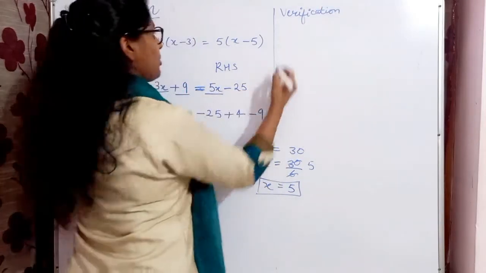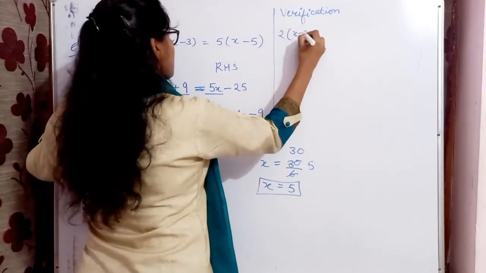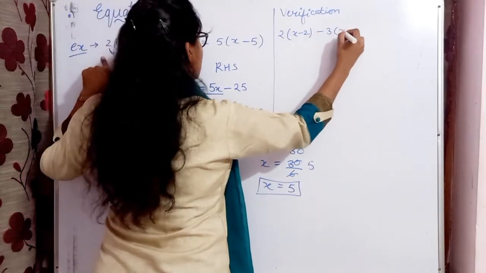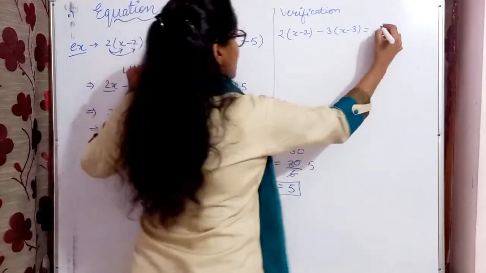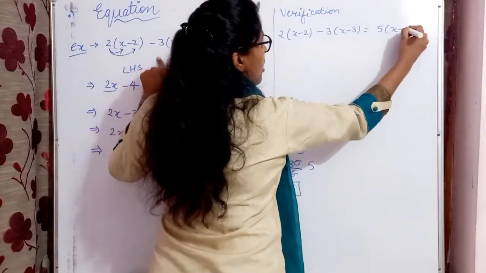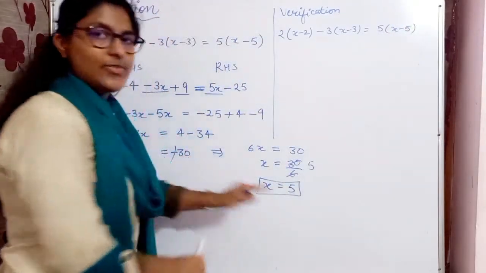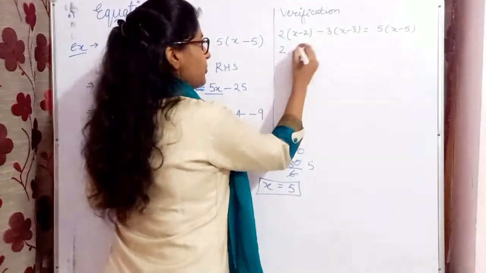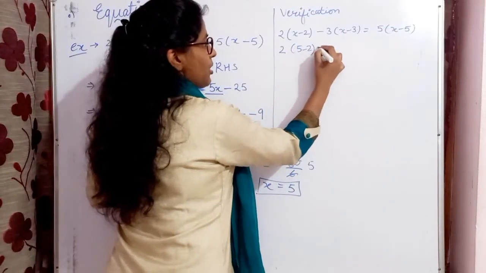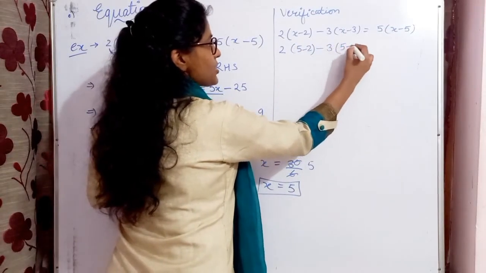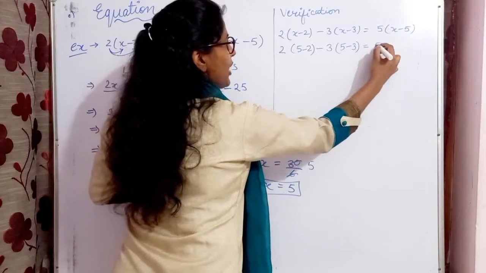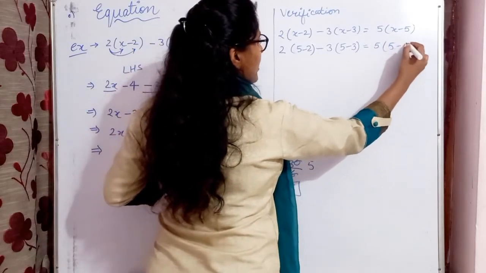Firstly write the question again: 2x minus 2 minus 3x minus 3 is equal to 5x minus 5. Now put the value of x, that is 5, here. 2 into 5 minus 2 minus 3 into 5 minus 3 equals 5 into 5 minus 5.